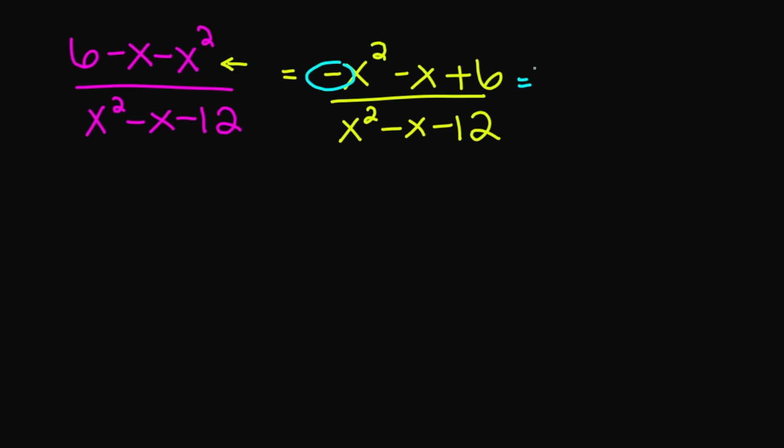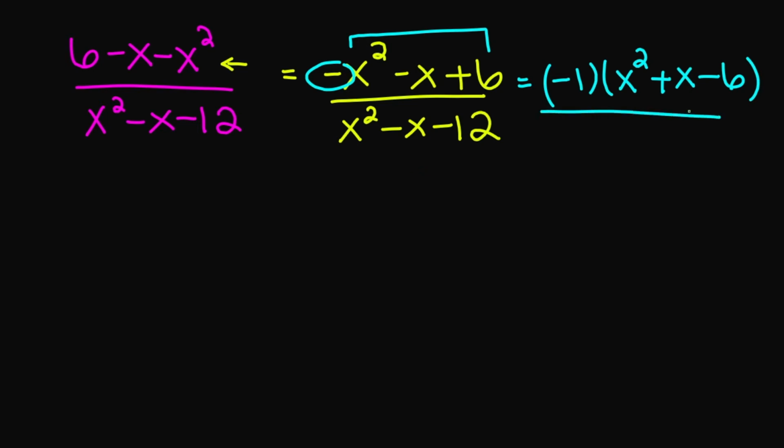Since we have our leading negative number, I need to factor out my negative 1. If I factor out my negative 1, I'll be left with x squared plus x minus 6. Notice that all the signs in here change. That's going to be over x squared minus x minus 12.